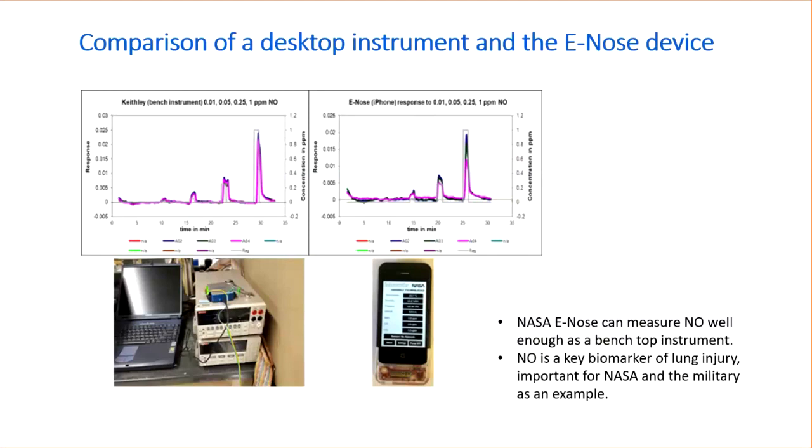This is the medically relevant concentration range. Nitric oxide is a key biomarker of lung injury that is important for NASA, for the military, and for civilians, as an example. Next slide, please.